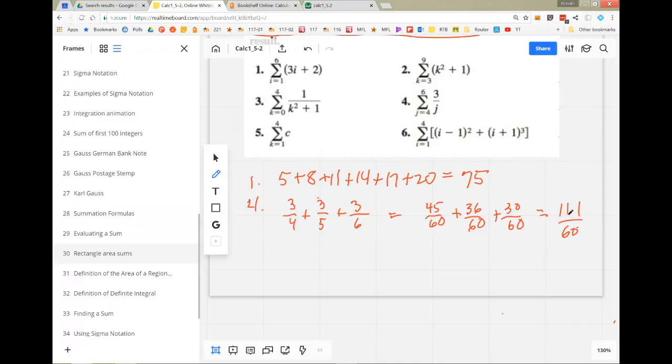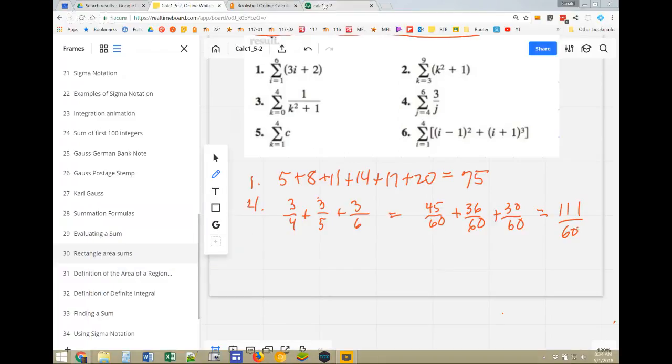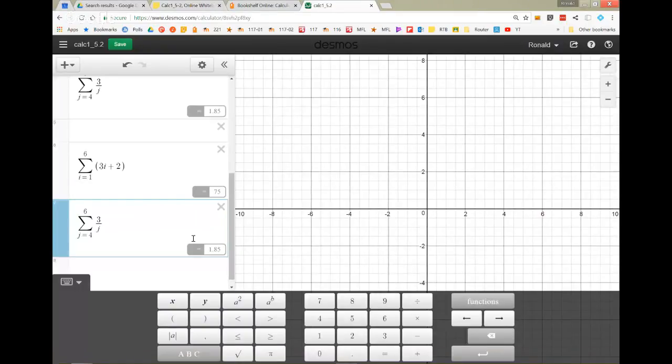Okay. And now 111 divided by 60. Yep, and you can see it's the correct answer, 1.85. So anyway, very nice. Use Desmos as your verifier.